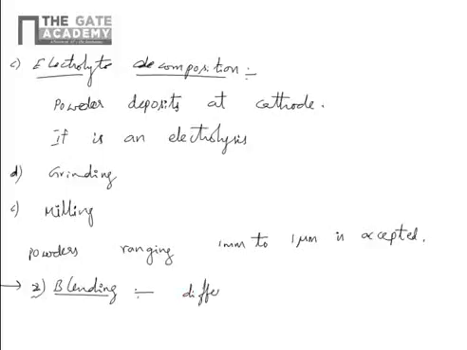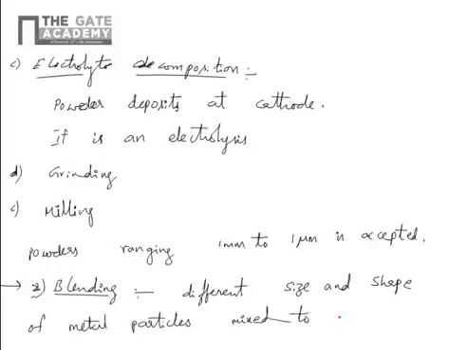Different size and shape of metal particles are combined or mixed to get a uniform mixture.